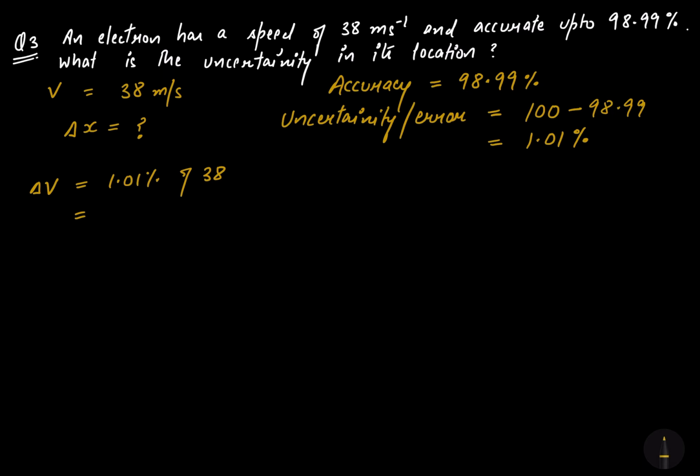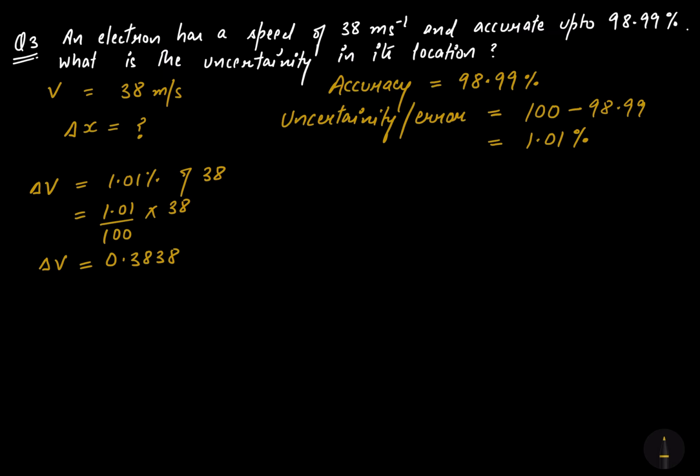So it comes out to be 1.01 divided by 100 into 38, which is 0.3838. That is the uncertainty in the velocity. The initial velocity was given to be 38 meters per second, the uncertainty I have calculated to be 1.01%, so the uncertainty in the velocity will be 1.01% of 38, which comes out to be 0.3838.